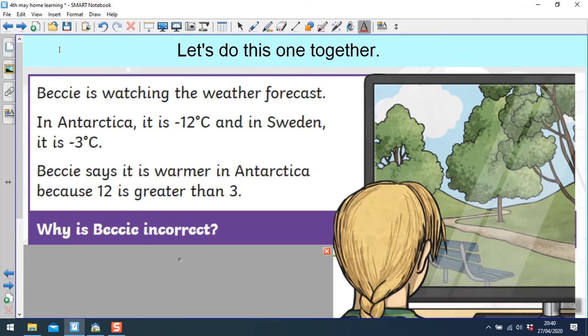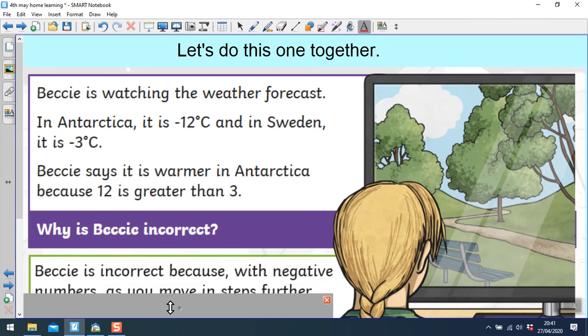So why is Becky incorrect? You could say Becky is incorrect because negative 12 is smaller than negative 3 degrees because it's 12 less than 0, whereas Sweden with negative 3 degrees is only 3 less than 0.